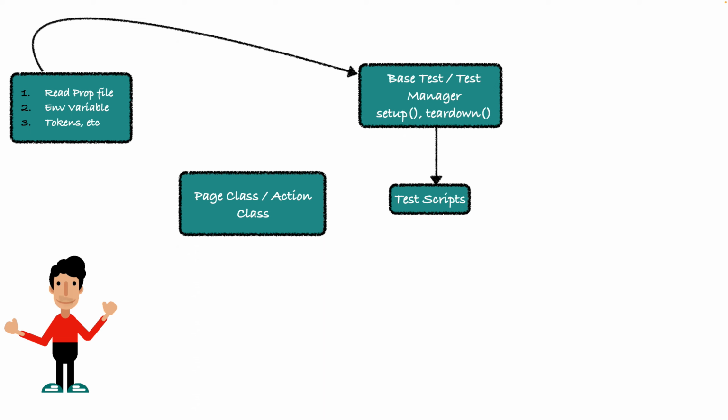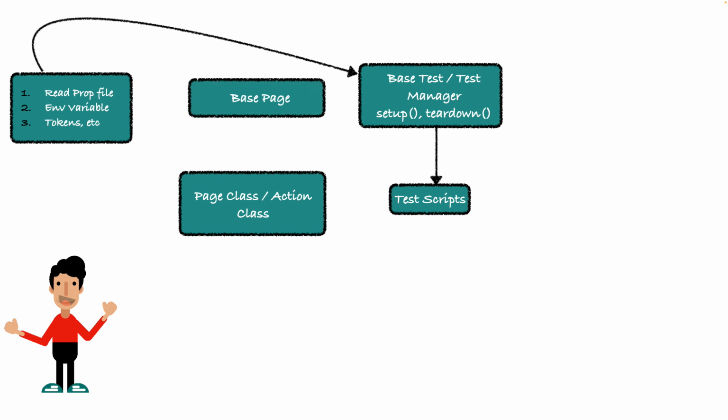For example, on a login page, the actions are entering a username, entering a password, and clicking on a login button. These are the actions with respect to the login page. Then there might be another page like forgot password. In forgot password, the actions are entering the email address and clicking on the forgot password link. So there will be a forgot password page, and it will have those actions.